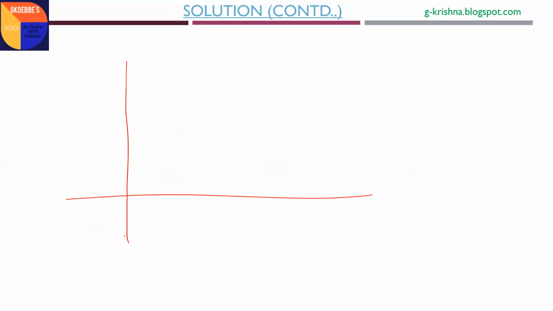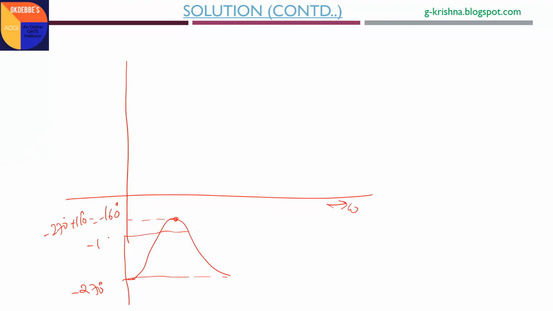The phase plot of this transfer function will be like this. It starts at minus 270 degrees, increases and decreases, and this angle will be minus 270 plus 110, which will be minus 160, and definitely the phase plot will cut minus 180 degrees for two frequencies.